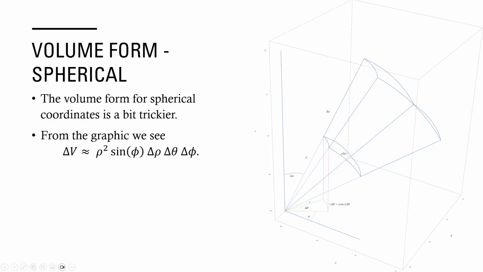So I get rho delta phi times rho sine phi delta theta. That gives me a rho squared sine phi delta theta delta phi, and then I have a delta rho here as well. And so taking the limit, this gives me dV is rho squared sine phi d rho d phi d theta.